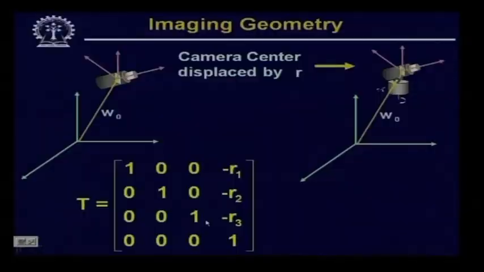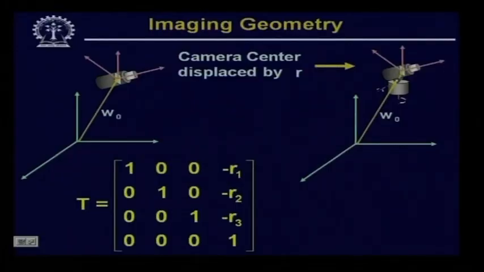Then the final transformation that we have to give is the displacement of the camera center, or the center of the imaging plane, from the gimbal center by a vector r, and this vector r has the components r1, r2 and r3 along x, y and z directions.